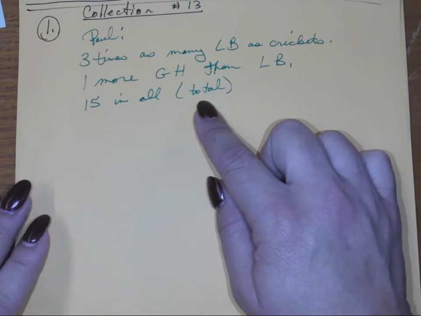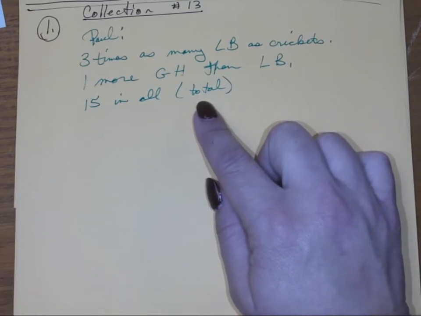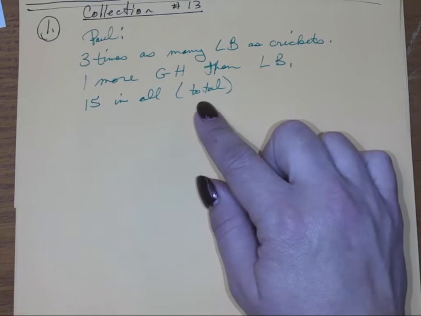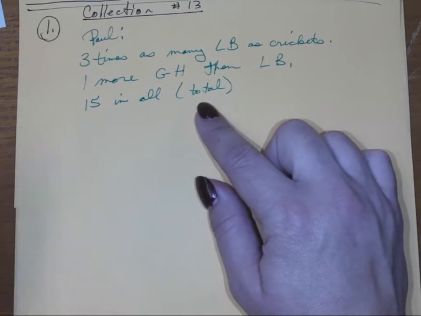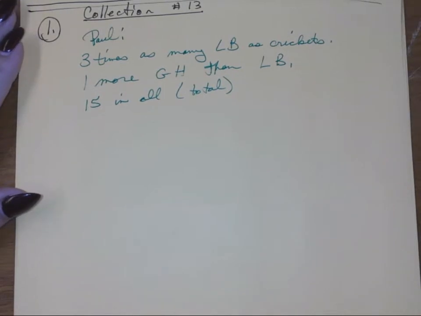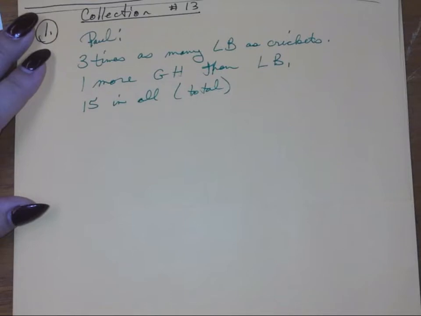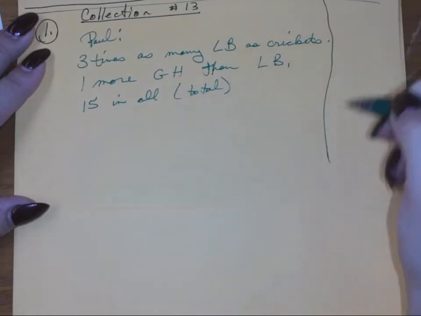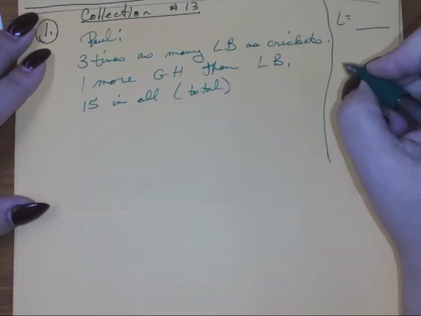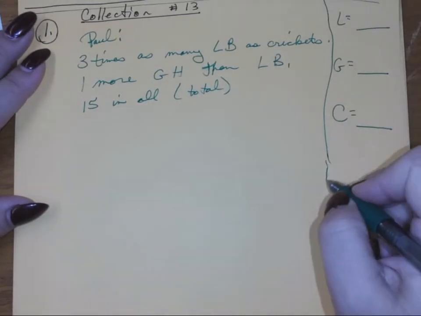And I don't have anywhere that says there's 12 ladybugs, right? So this is where it's a little more abstract, and it's going to be difficult for me to get the number. So for instance, because we're looking for L equals, G equals, C equals, I'll put it right there on the side.